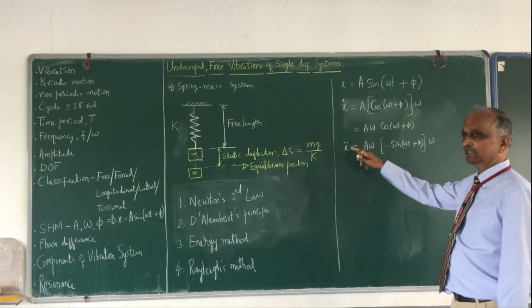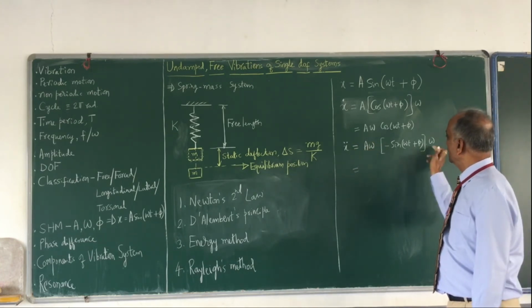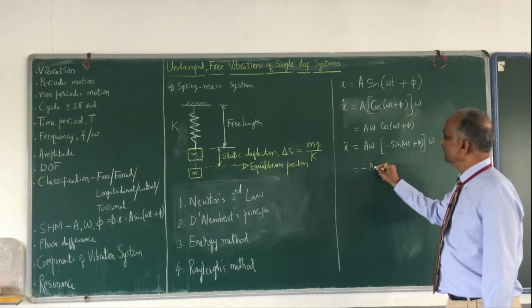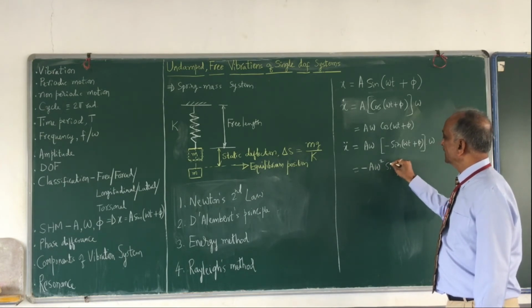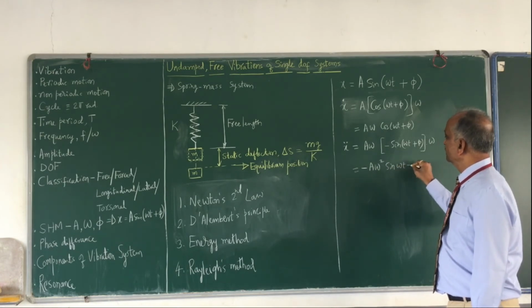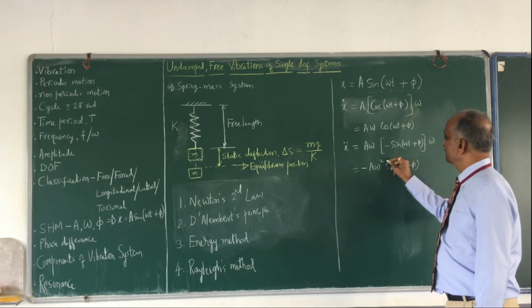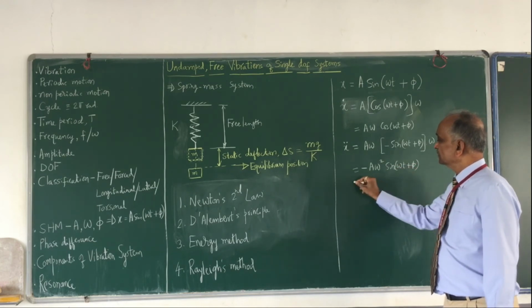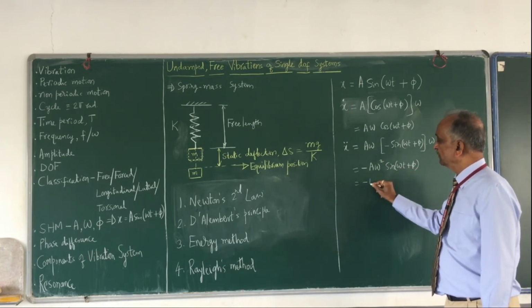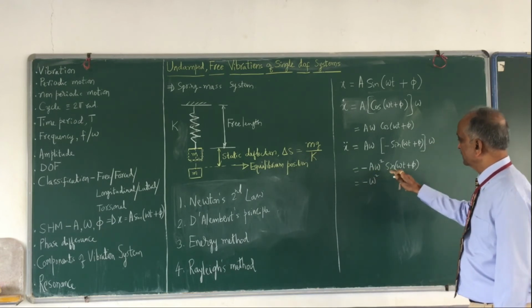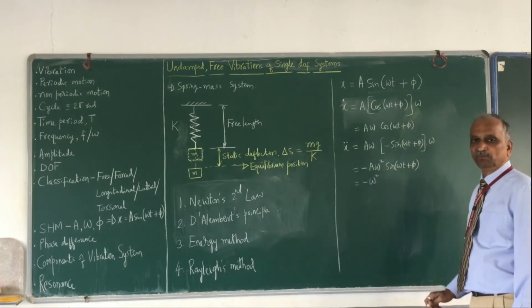So taking the minus sign outside, this becomes minus A omega square sin of omega t plus phi. This is equal to minus omega square times A sin of omega t plus phi.